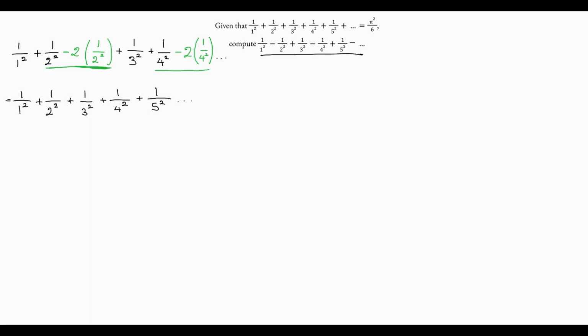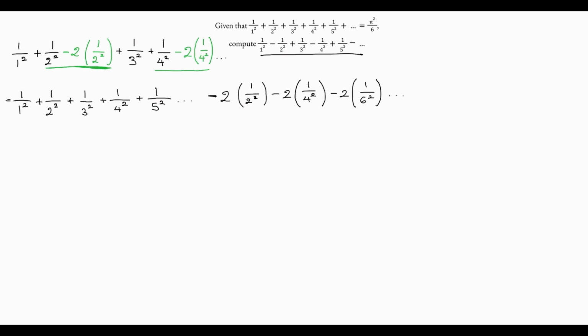And in the second part of our expression, we'll have minus 2 times 1 over 2 squared, minus 2 times 1 over 4 squared, minus 2 times 1 over 6 squared, and so on.